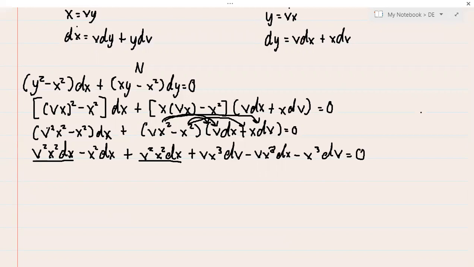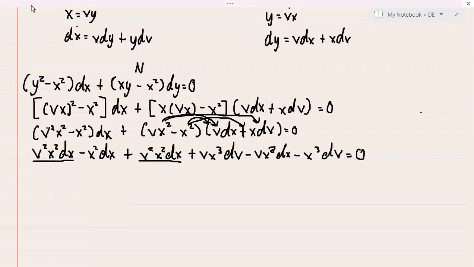Kasi meron tayong v squared x squared dito and ganun din sa unahan. Okay, can we still see others? So, wala na. Ito lang.